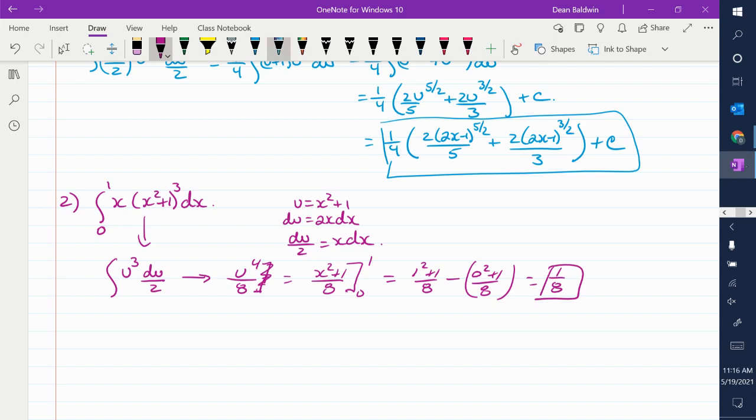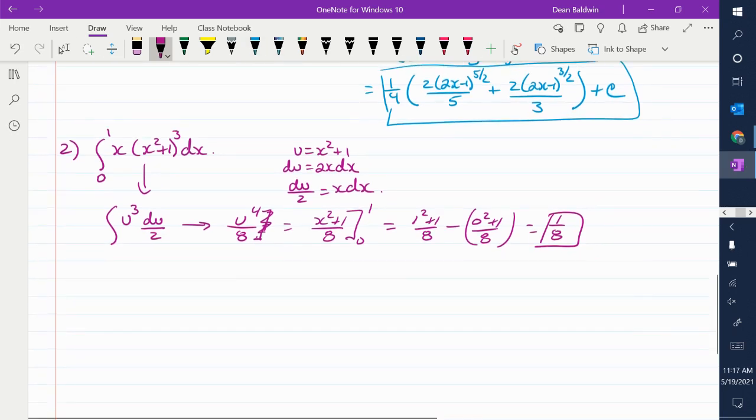Or, and this is what I would recommend that you do, you can just evaluate this. But what we have to do is, because our integrals were in terms of x, these are x values, right? We have to change them to u values, which is not bad, because this says when x is 0, x is 1.